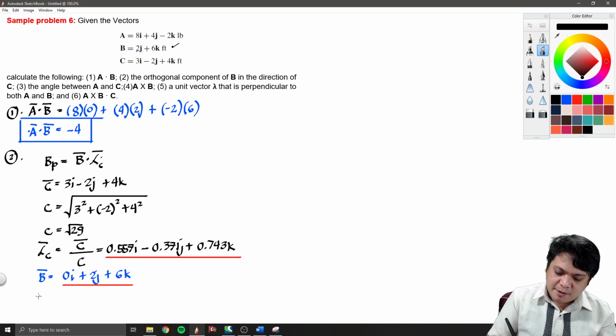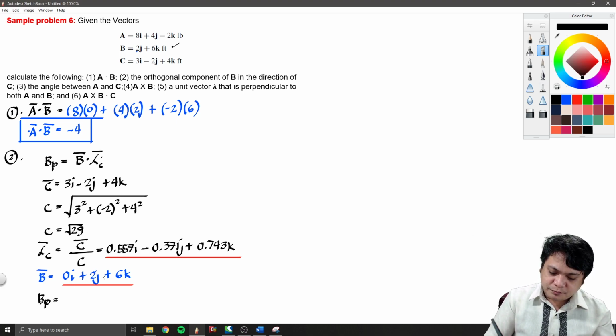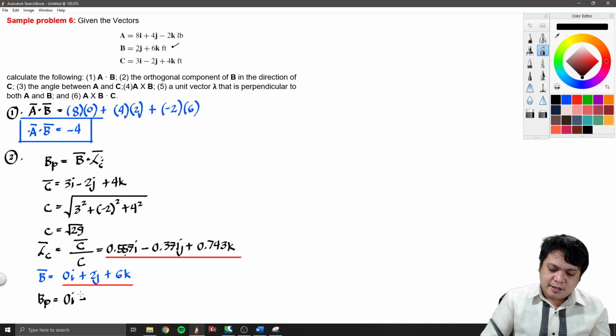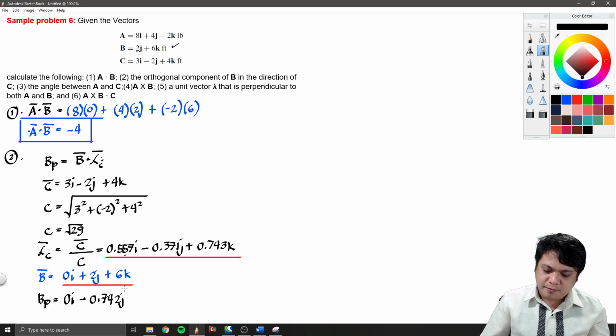Okay? So, para makuha ko si BP, so that is equal to B dot product of lambda C. 0 times this one, so you will be having 0i. And then 2 times negative 0.371, negative 0.742 of J. Okay?